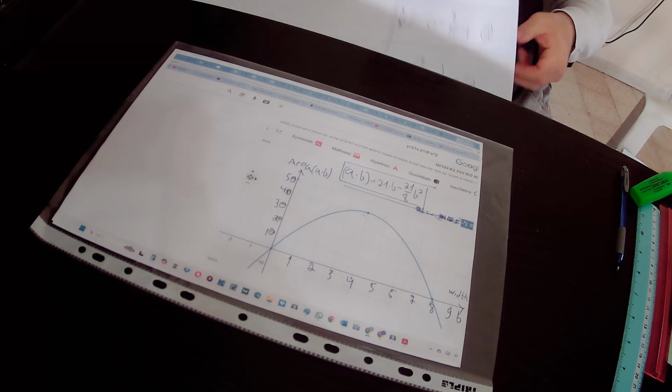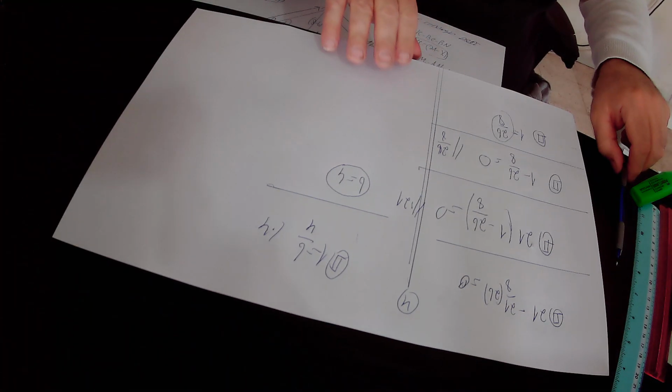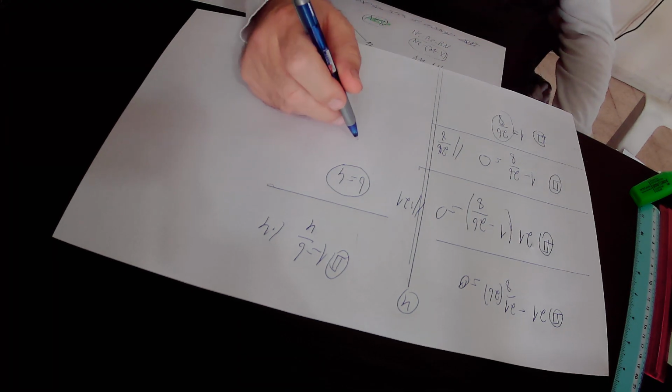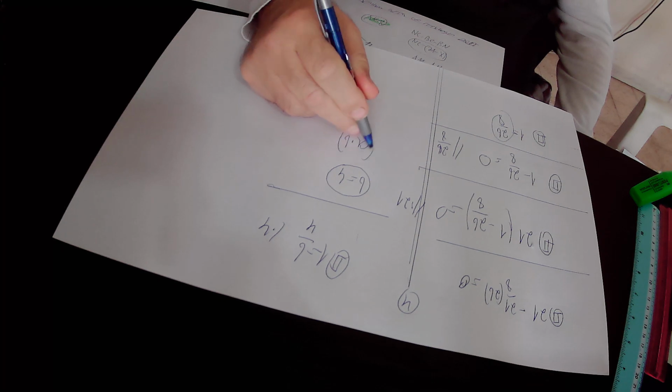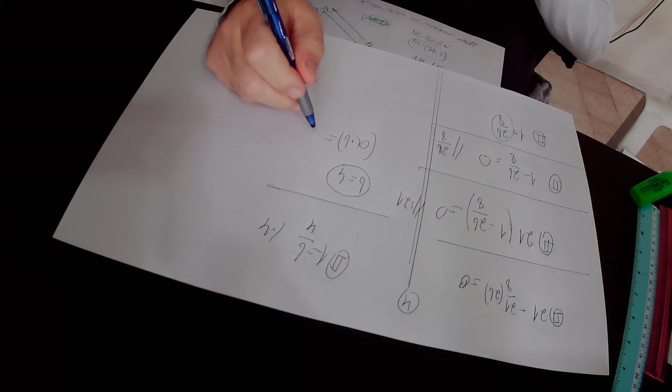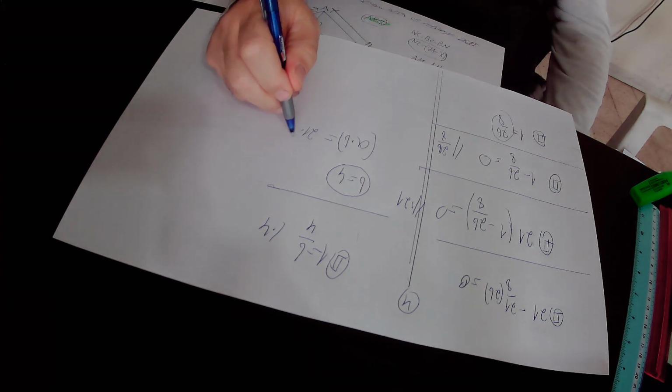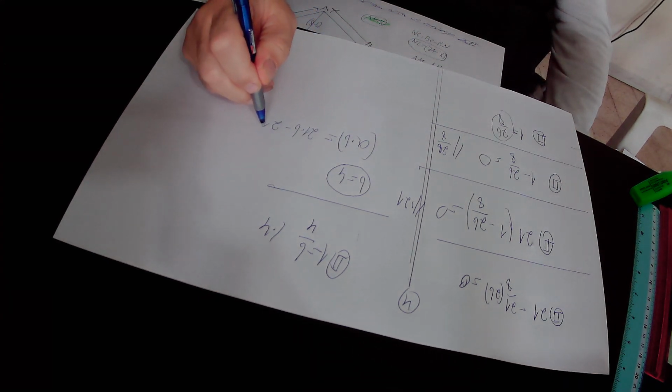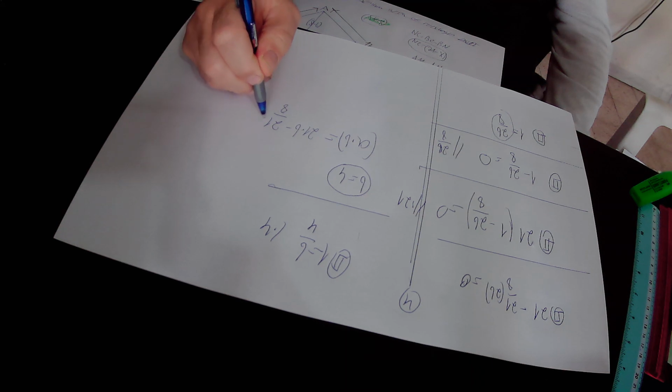So we do it now. The area equals 21 times b minus 21 over 8 times b squared.